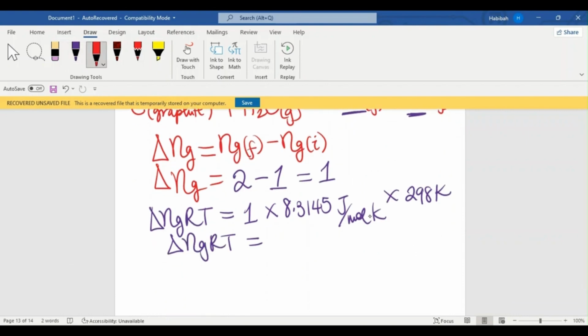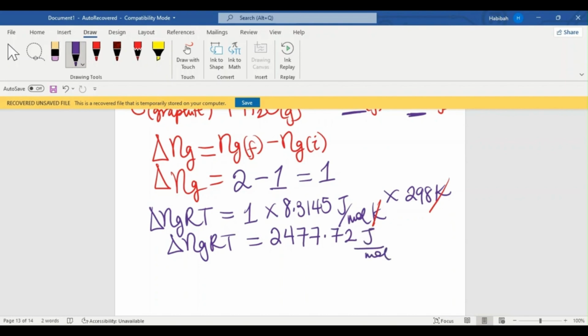We can cancel out the Kelvins. So 8.3145 times 298 gives you 2477.72 joule per mole. Sorry, I was about to write kilojoule, just joule per mole for this question. So that's basically the answer.